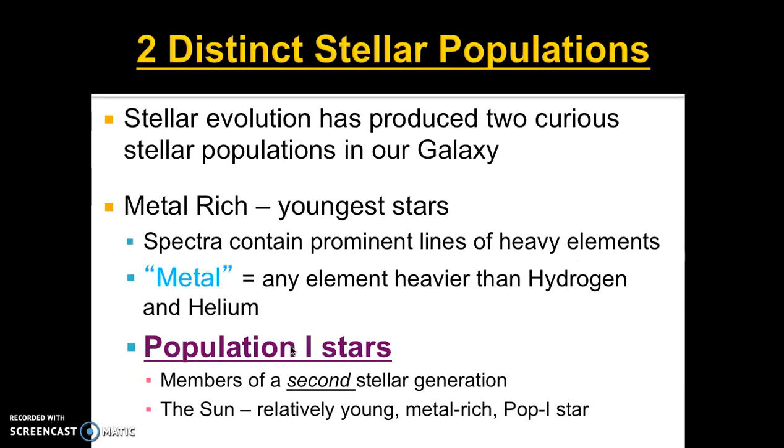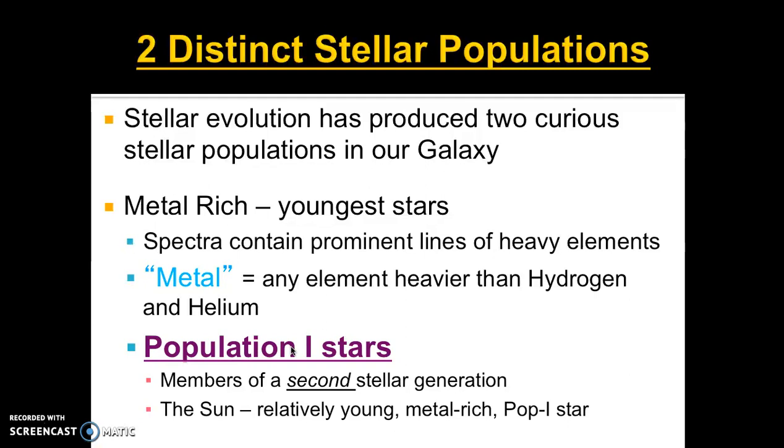Okay, so I didn't talk about this last time in terms of stellar evolution, but stellar evolution has produced two curious stellar populations within our galaxy. So two types of stars, population 1 stars and population 2 stars. Population 1 stars are members of what we call a second generation of stars, stars like our sun. They're relatively young and they're metal rich.